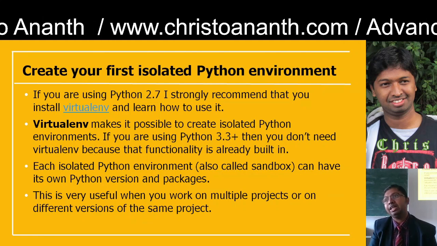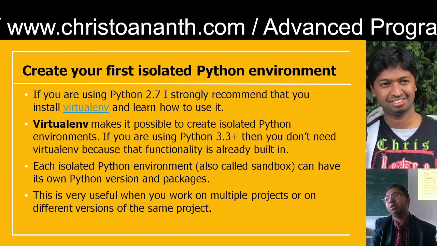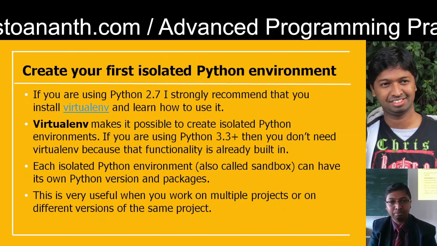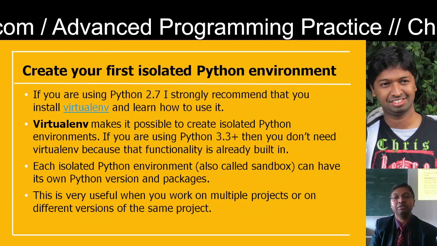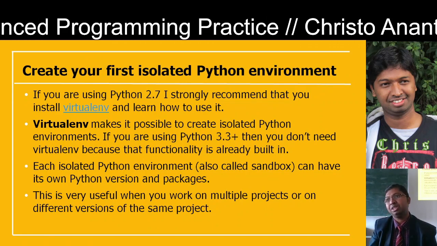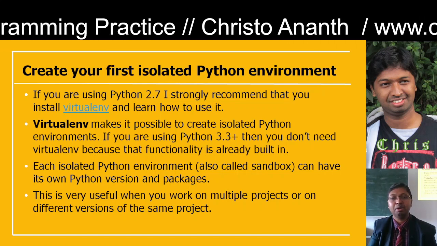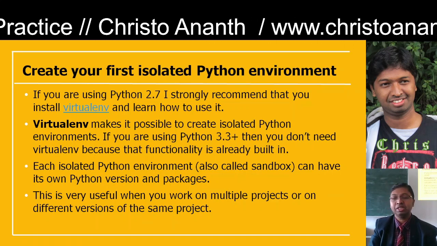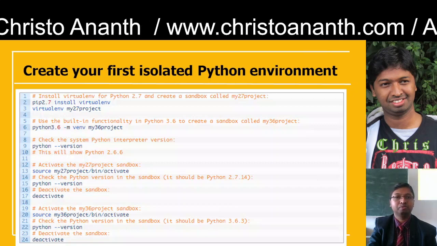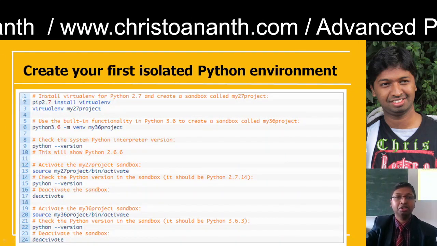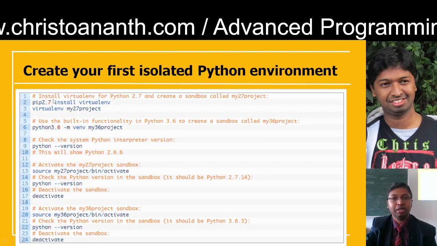So every isolated Python environment, you can also call this a sandbox, can have its own Python version and packages, okay, which means that you can work with multiple projects and maybe different versions of the same project even. So this is how you are going to create your first isolated Python environment.